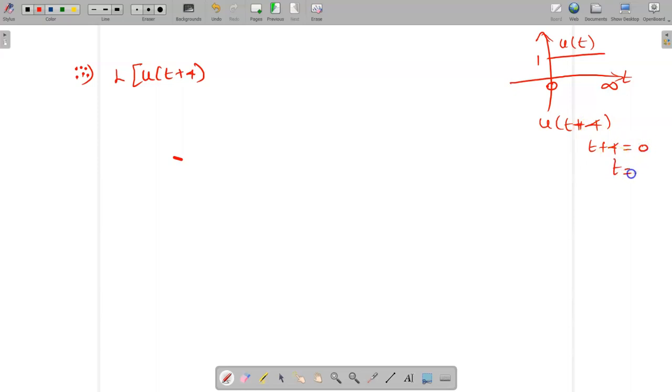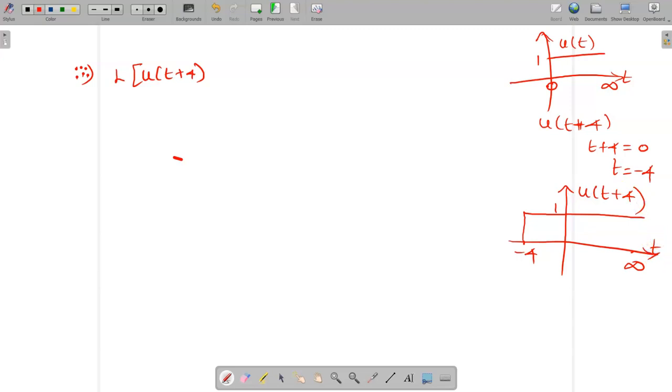So t is equal to minus 4. Add this minus 4 to each and every instance of t. So 0 will become minus 4. Infinity minus 4 is again infinity. So this signal has been shifted like this. The amplitude remains the same, it is 1. So this is nothing but u of t plus 4.